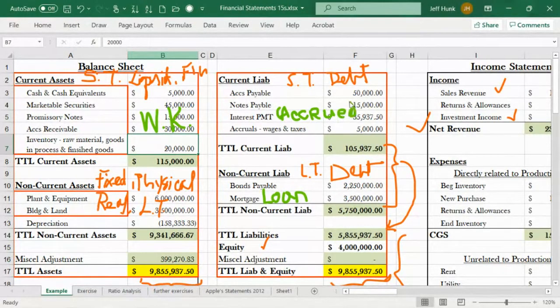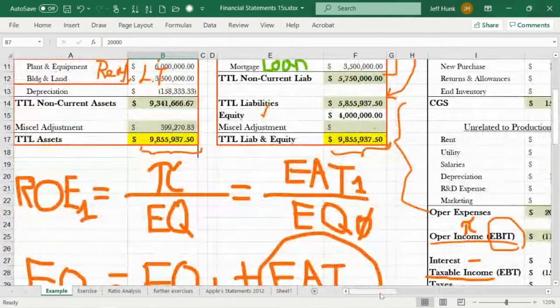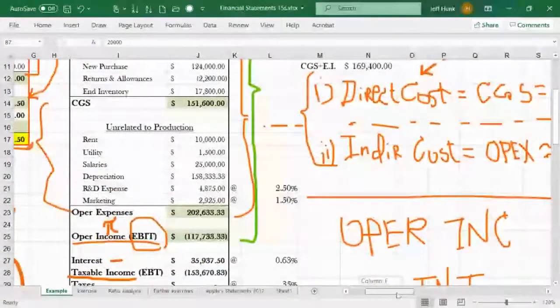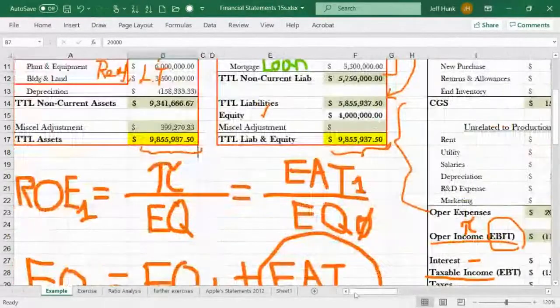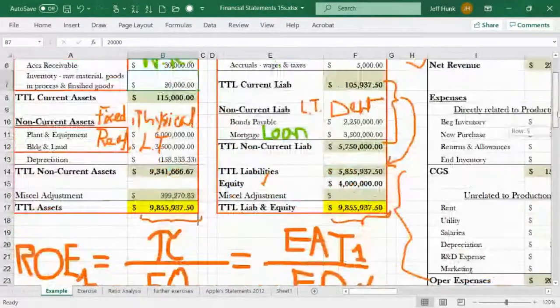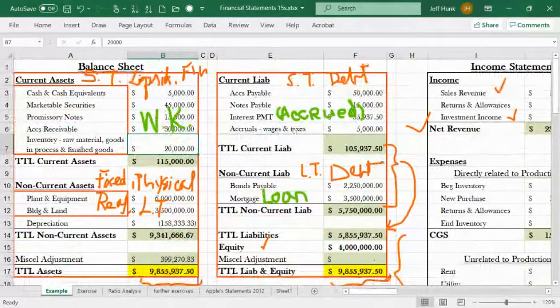I'm still writing with the mouse. Interest to pay, that should be directly linked to this, right? In the income statement. And then accrued wages, it's generally called, once I use the term accruals, interest should also be part of this.